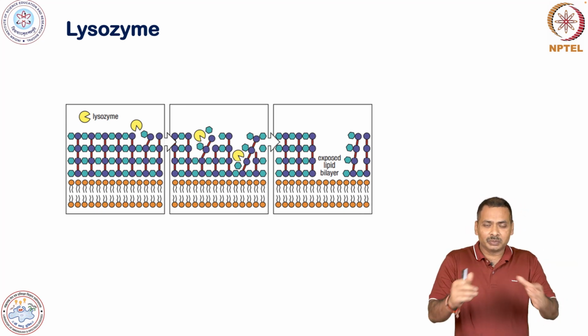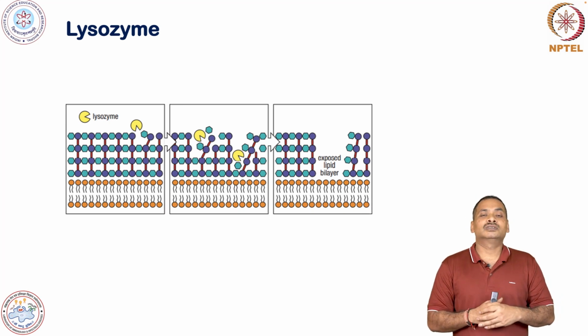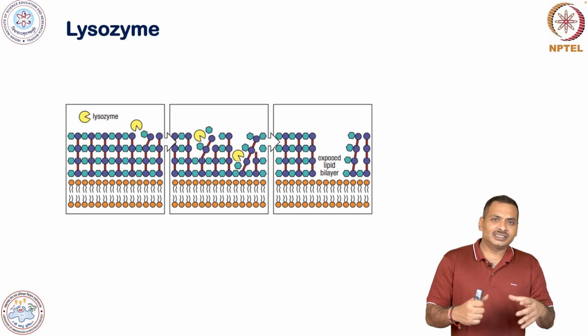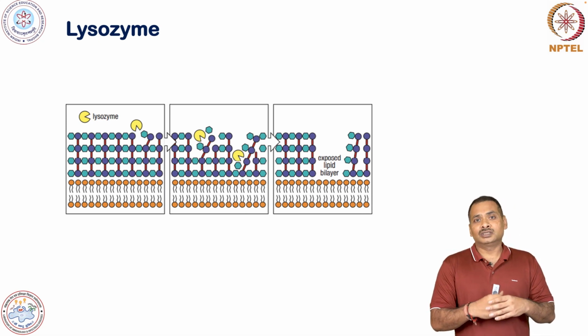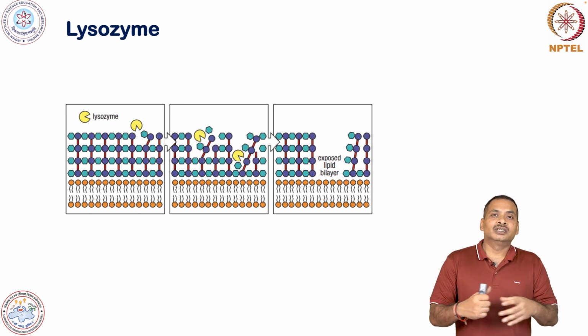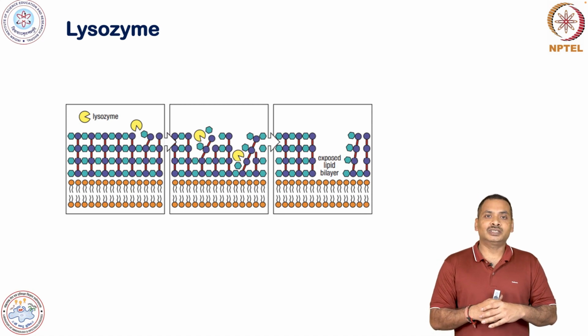Once the wall is disrupted, the bacteria will no longer live. So this is about lysozyme. In the next session I will talk about some more antimicrobial peptides and proteins, and I will also discuss the microbiological barriers. Okay, thank you.